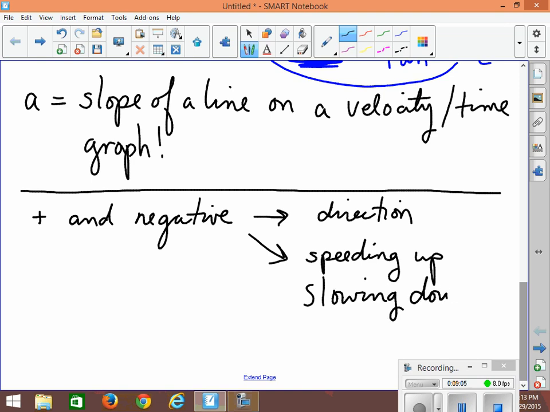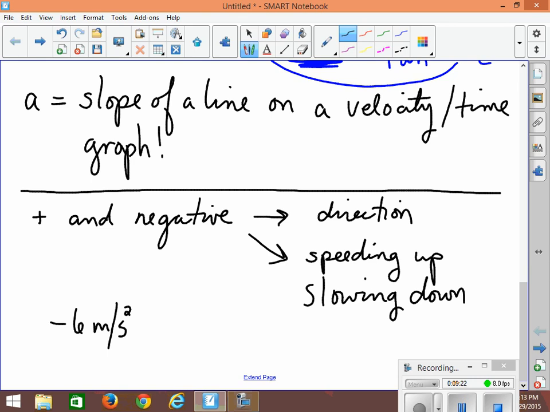I'll give you an example. If I were simply to write an acceleration of -6 meters per second squared, which incidentally means 6 meters per second faster every second.